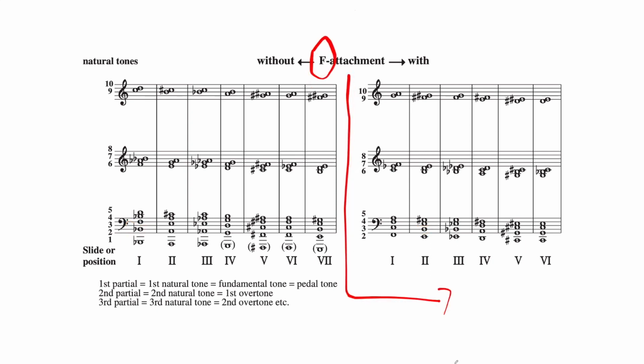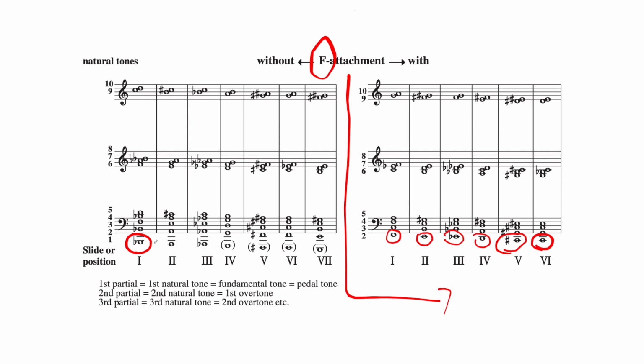But still, if you look at the pitches, I have all the chromatic tones here. F, E, E flat, D, C sharp, C natural, B flat. I don't have B natural in this register.